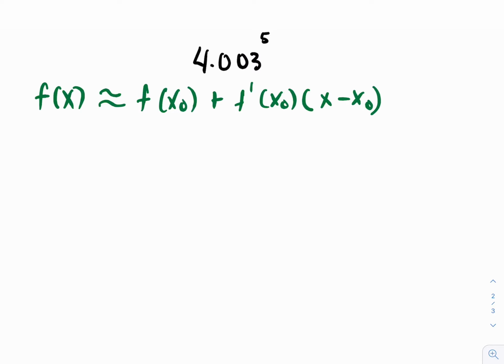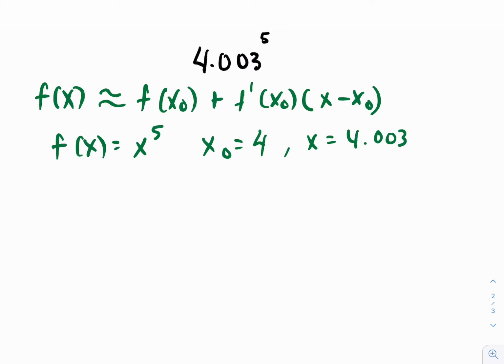Here, our f(x) is x to the power of 5. We have to select our x naught as the nearest value we can approximate, so we'll use x naught equal to 4, and our x will be the value in our problem, which is 4.003.